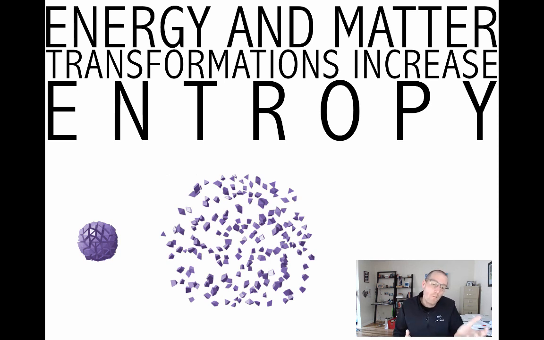So if we think about the ball on the left as being glucose and oxygen, in the glucose, the carbons and the hydrogens and the oxygens are all bonded together in a particular way, which gives it a non-random structure. Now, if we break that apart and make some carbon dioxides and some waters, those molecules can now diffuse freely. The atoms aren't locked in space in as discrete a way as they are when they're in glucose.